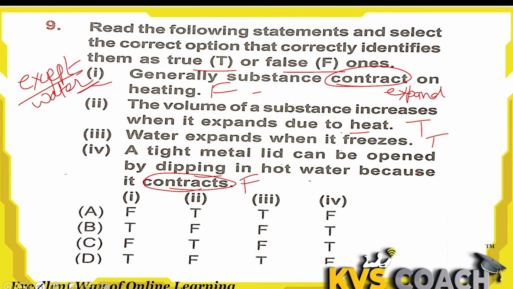If it contracts, it will be more tight and cannot be opened easily. It will expand, then only it can be opened easily. So the word contract is wrong here. So the first statement is false, the 4th is false, and the second and third are true statements. So A is the right answer for the 9th question.